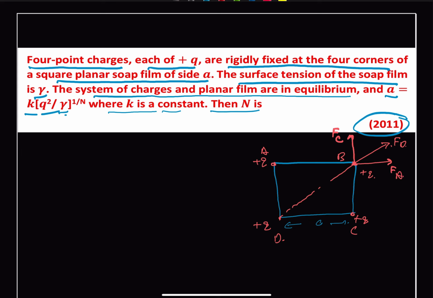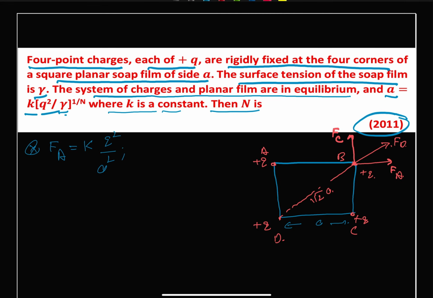And sides are given to us as A, so this distance will be square root of 2 times A. Therefore, we can write that our FA will be equal to k q square upon A square.